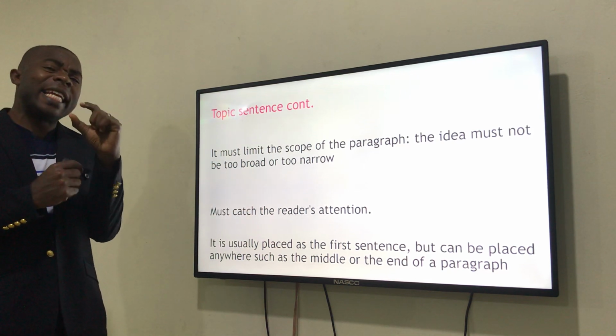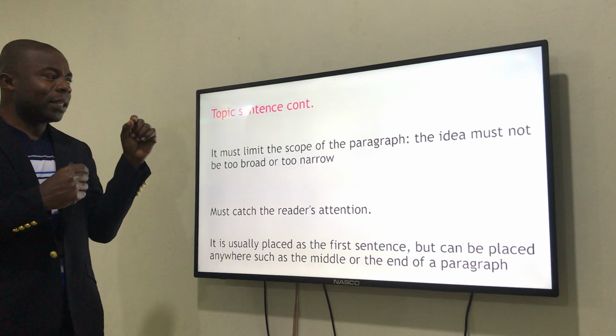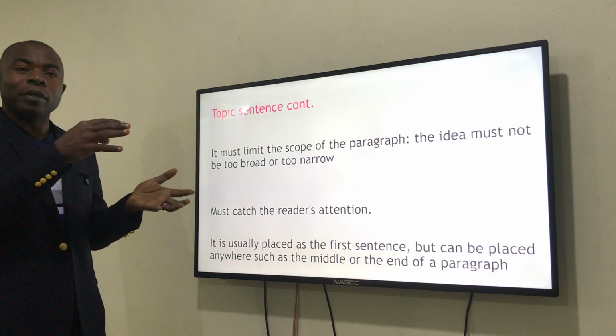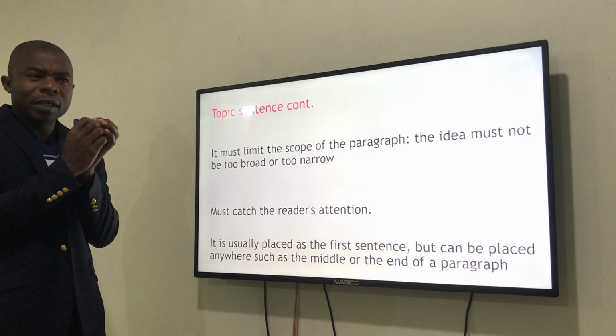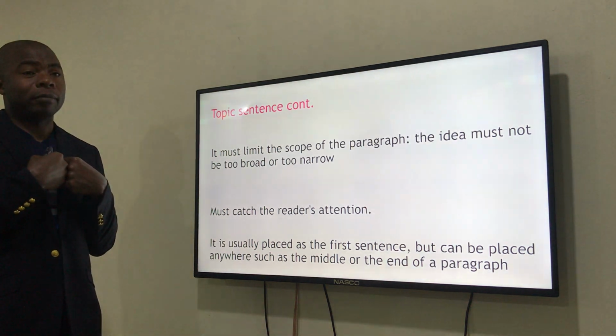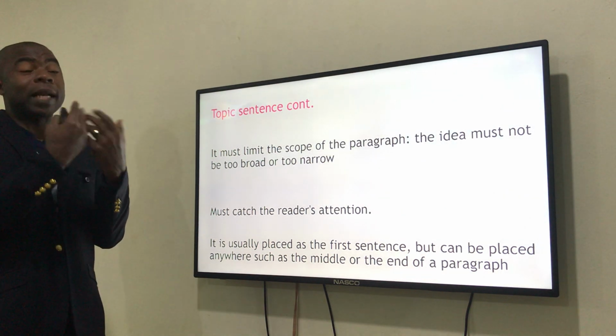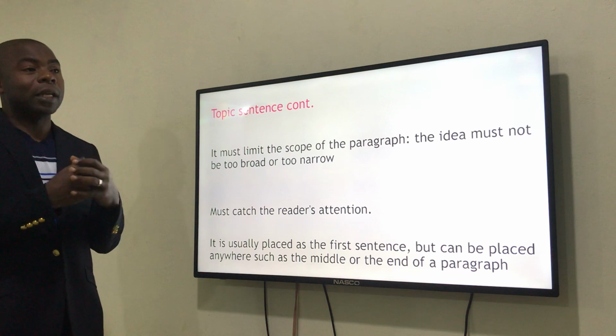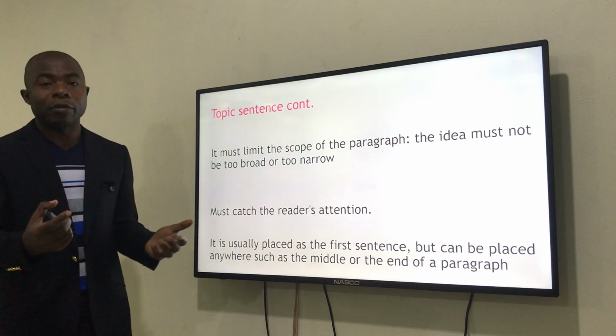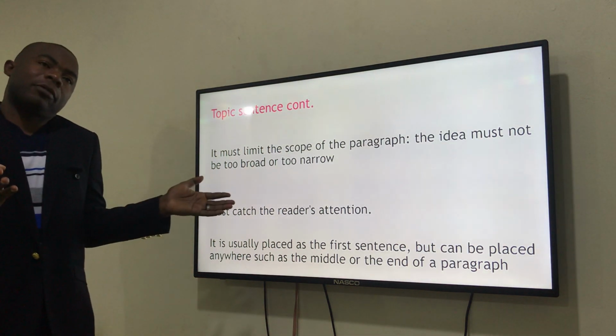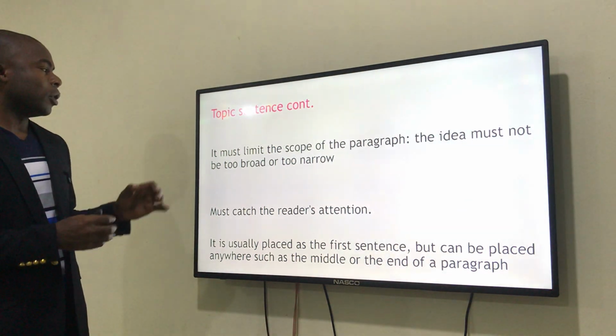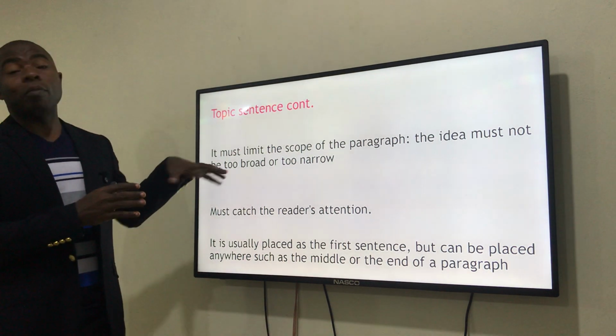But if you see a very lean or small paragraph, it means the topic sentence's scope is very narrow. So it depends upon the writer anyway. Some ideas may need more explanation, more exemplification, and more details, but some are just lean. So the topic sentence must limit the scope.